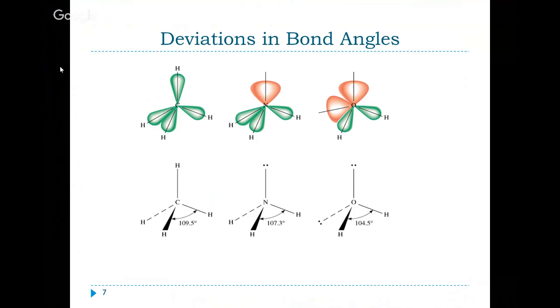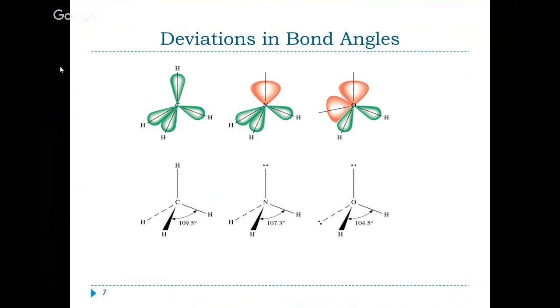In methane, it's a tetrahedral geometry and electron domain, so the bond angle is 109.5. The electron domain geometry for ammonia is still tetrahedral. However, we've replaced an atom with a pair of electrons, so now our bond angle is smaller, at 107.3. And then with water, we replace, again, another atom with a lone pair of electrons.